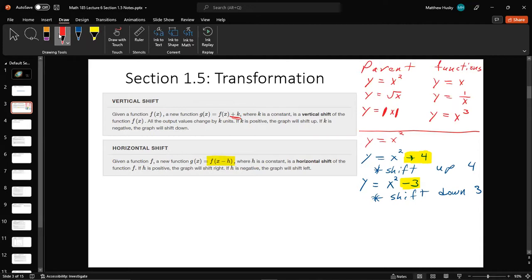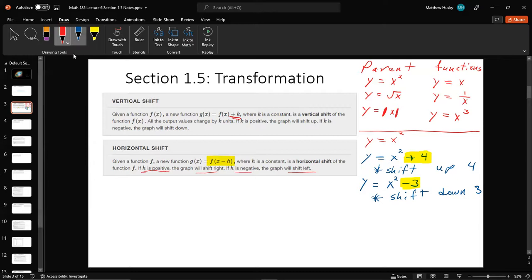It's going to be horizontal shifts, so it's going to move things in the x direction. So what that'll mean is if you were to subtract 2, it would actually go 2 to the right. If h is positive, the graph will shift right. If h is negative, it will shift left.